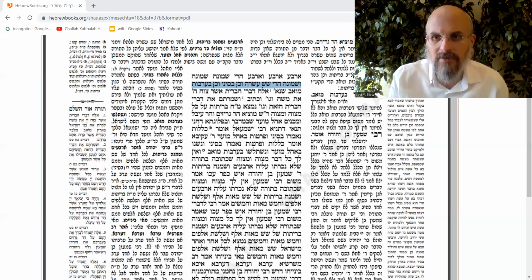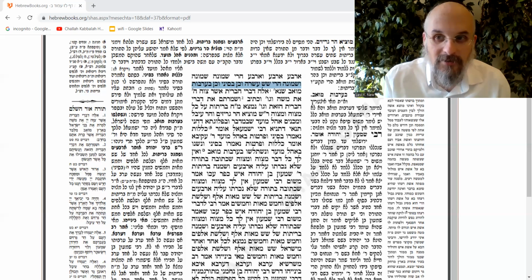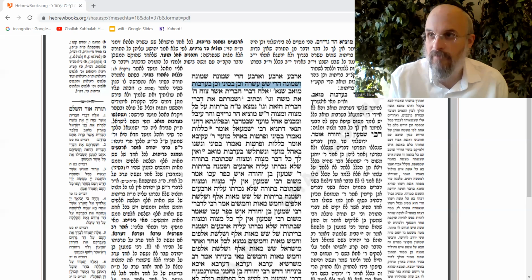What's the core and the essence of all curse? A distance from Hashem. So the essence of a blessing, blessed is the one who does mitzvahs, is a closeness with Hashem. And the essence of the curse of one who, God forbid, doesn't perform is a distance from Hashem.